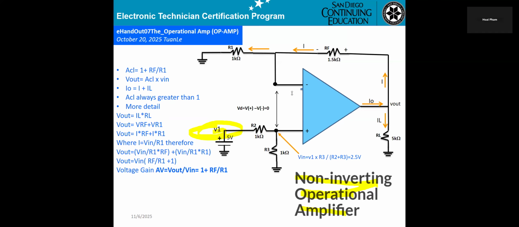On the negative, they connect R1 to ground, and RF connects from the output back to the negative input.